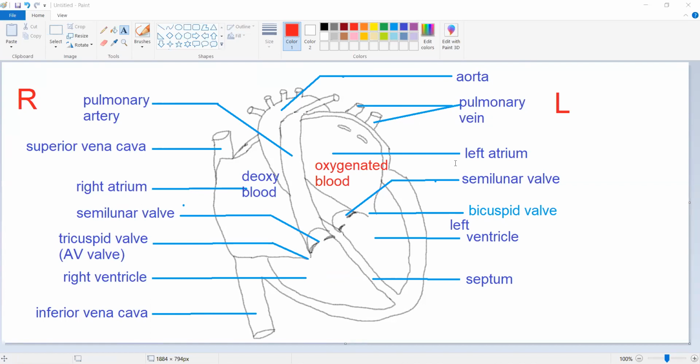When the septum doesn't close properly, the oxygenated and deoxygenated blood mix up, so the delivery of oxygen becomes inefficient. There will be insufficient delivery of oxygen, so these people usually get tired very easily. Some people are born like this.